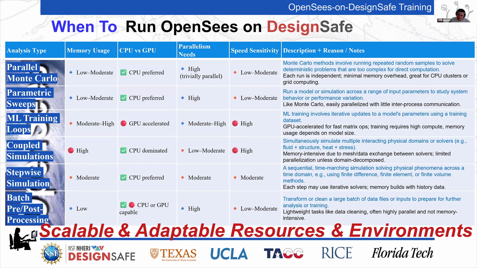Same thing with a parametric sweep. It's more of a rectangular matrix versus different distributions, but they're very similar concepts, right? So you've got a lot of just independent parallel analyses going on. They may be small if you're doing a really large number, so you've got one type of need. Then we've got the machine learning loops that are a different type of process, right?